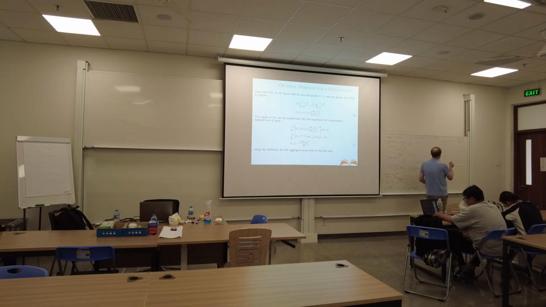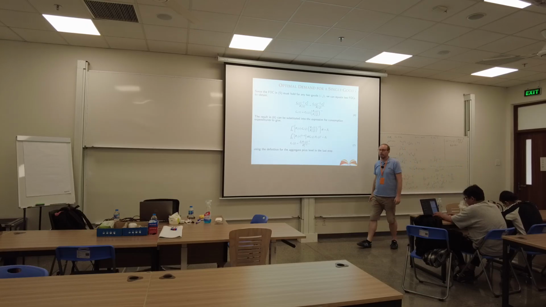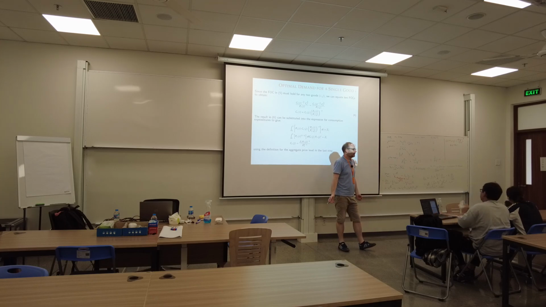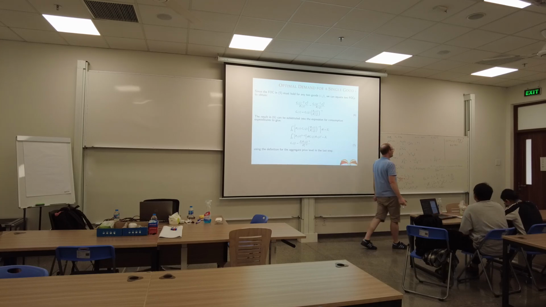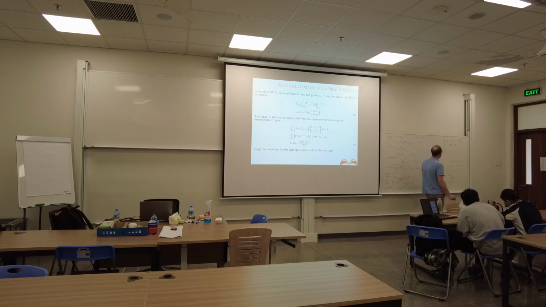All right, so let's say ptj is greater than pti. Good j is more expensive. Well, we know what's going to happen. We're going to buy less of the more expensive good. So the consequence here, ptj over pti is greater than 1.